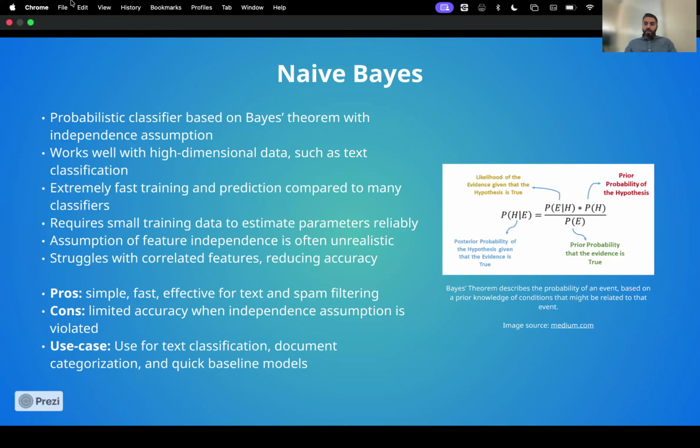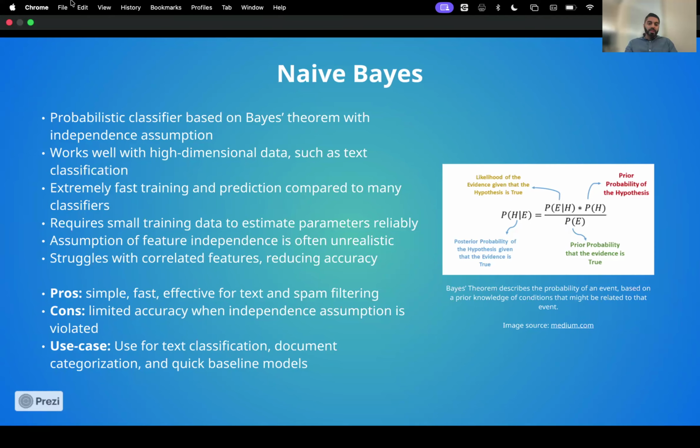But otherwise, as far as the pros are concerned, it's simple and fast, and good for things like spam filtering, for example. One of the earliest models that was deployed in the field was a naive Bayes classifier, because it's quick and you're able to label emails as spam and not spam very easily.